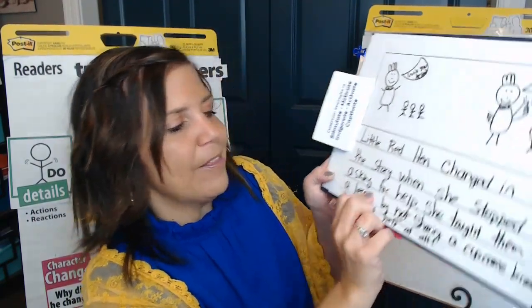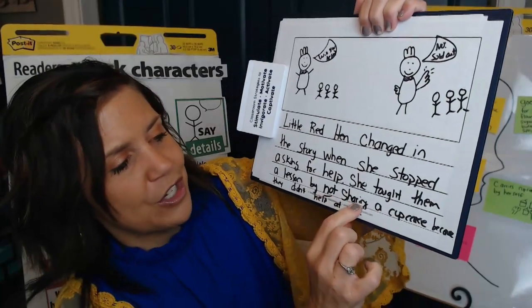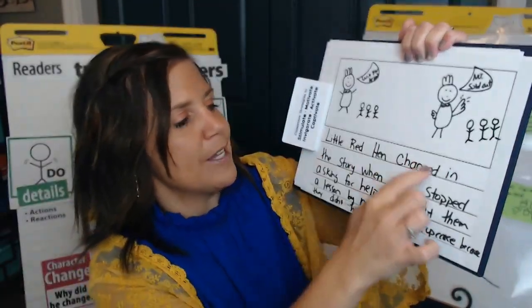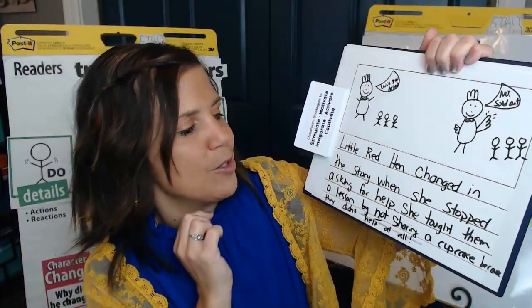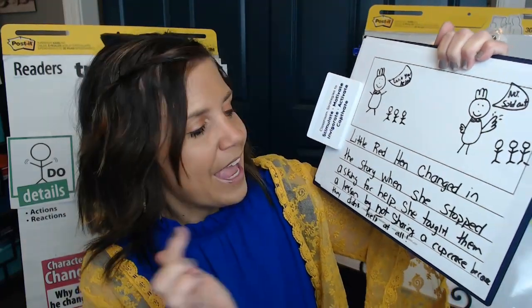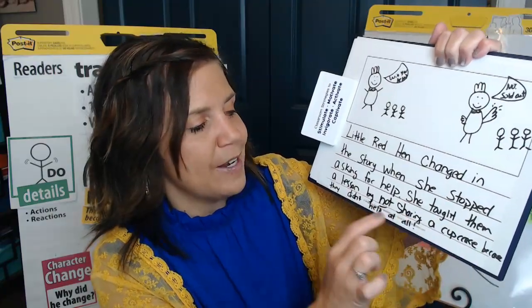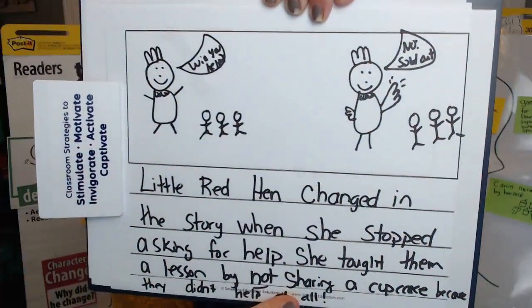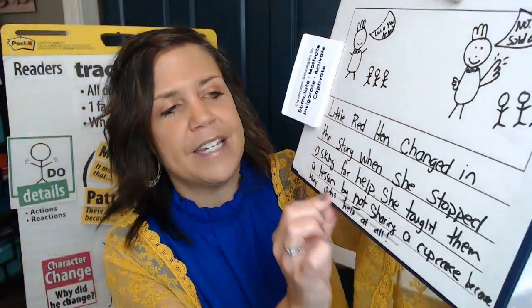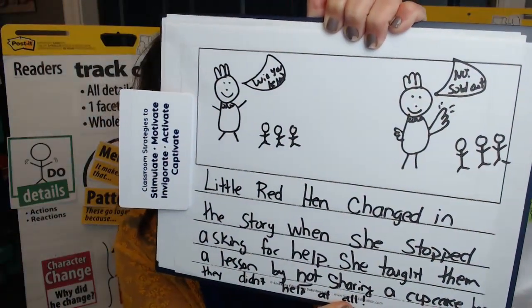So I wrote a sentence about how she changed. She changed when she stopped asking for help. And then the lesson that she learned, she taught them a lesson by not sharing a cupcake because they didn't help out at all.